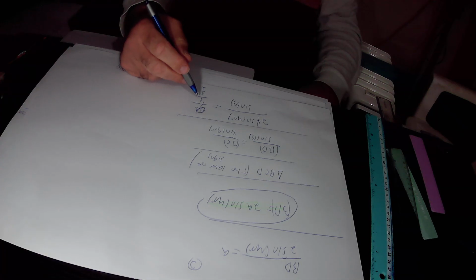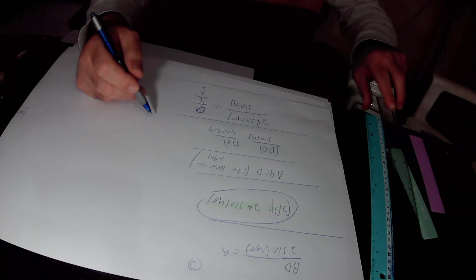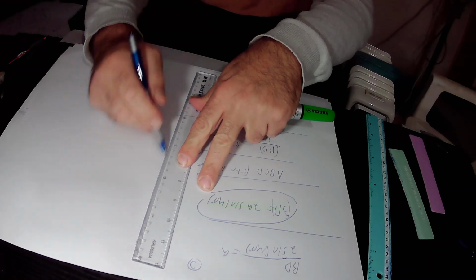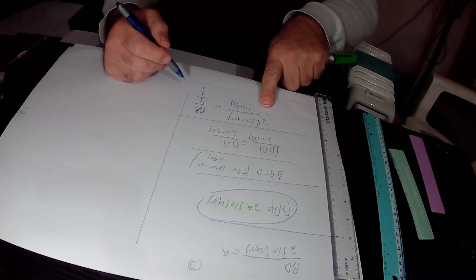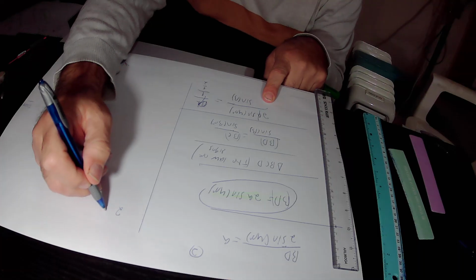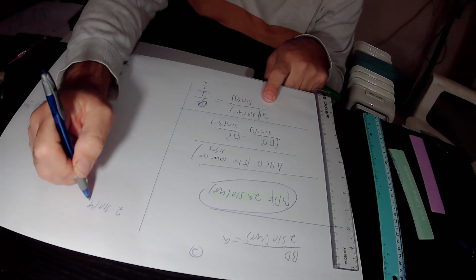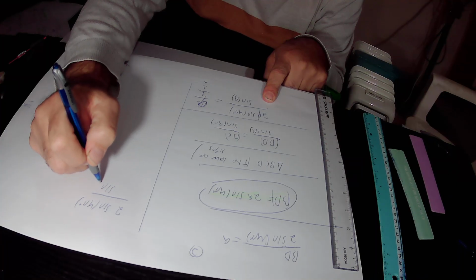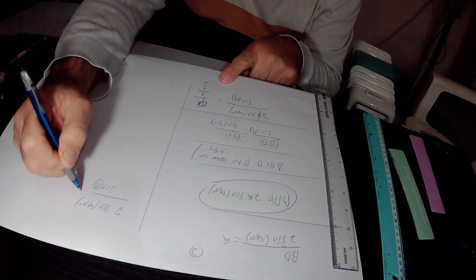So 1 over 1/2 is 2, so on this side of the equation we are left only with 2. On the other side of the equation, we have 2 times sine 40 degrees over sine beta equals 2.